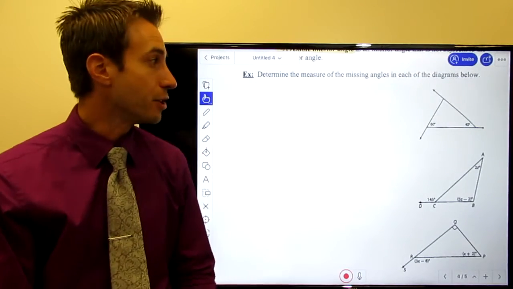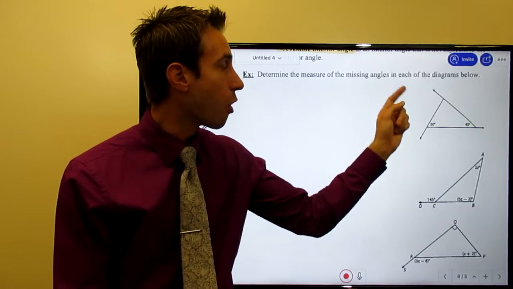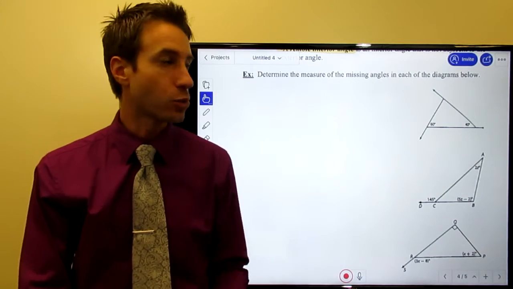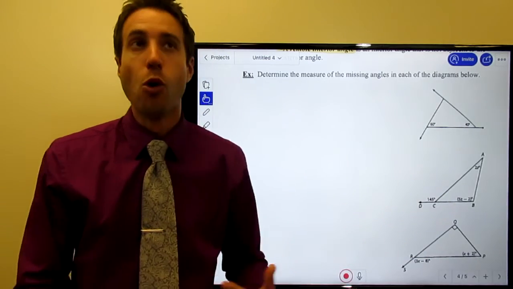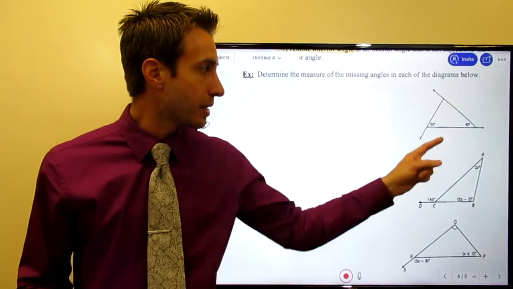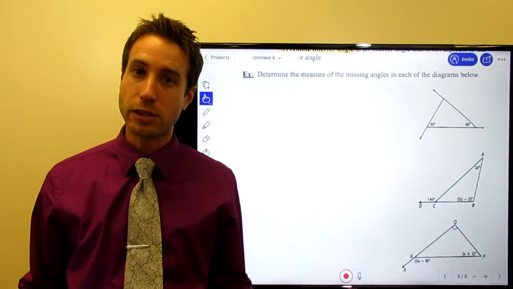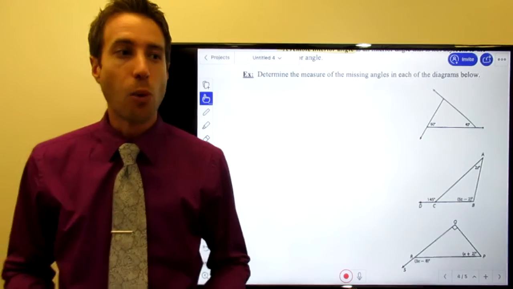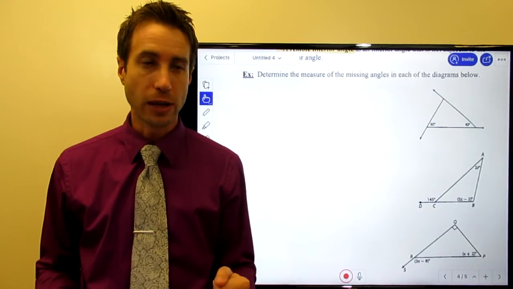Okay, I've given you a diagram, and I want you to determine the measure of all the missing angles. We're going to find all of them. Well, here's what I know. Knowing that this angle is 60 and this angle is 40, what can I do? There's several things I can do. First, what do I know about the interior angles of a triangle?